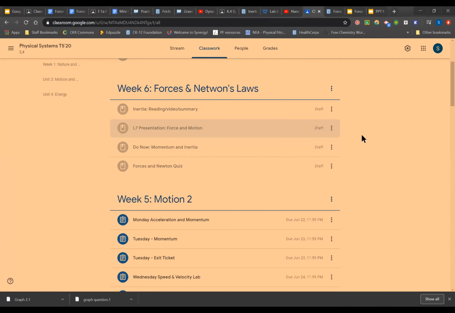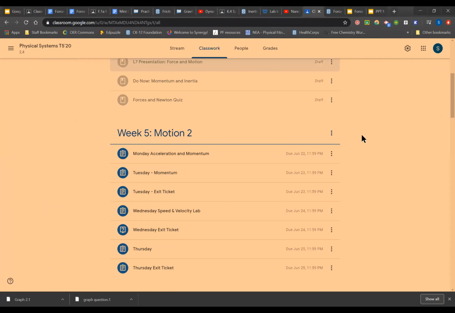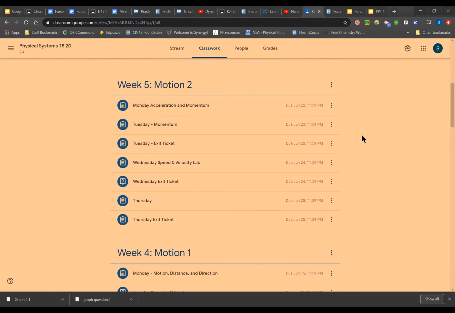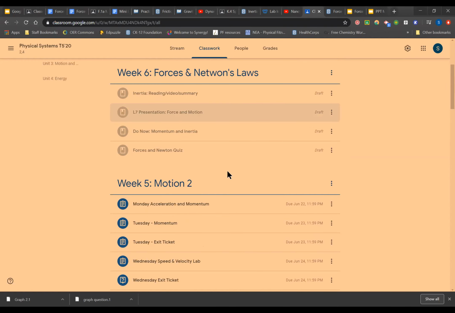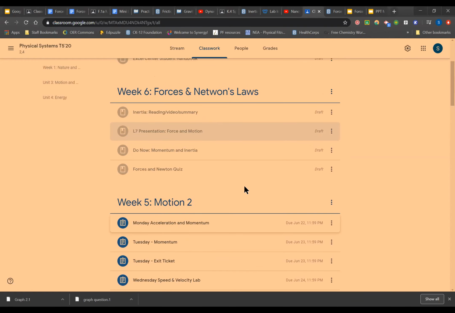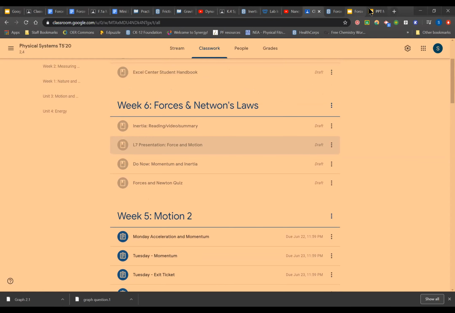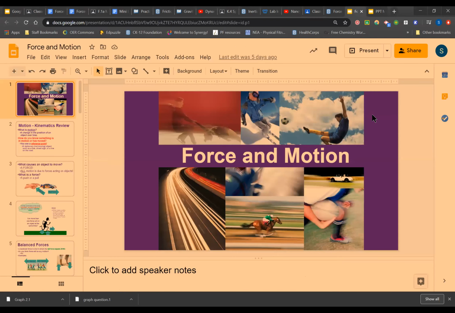So you don't want to forget the things we learned in weeks 5 and 4, motion 1 and motion 2. We will refer to these terms without defining them any longer. So feel free to come back and look at them or refer to your notes if you have any confusion. So day 1 here, force and motion.